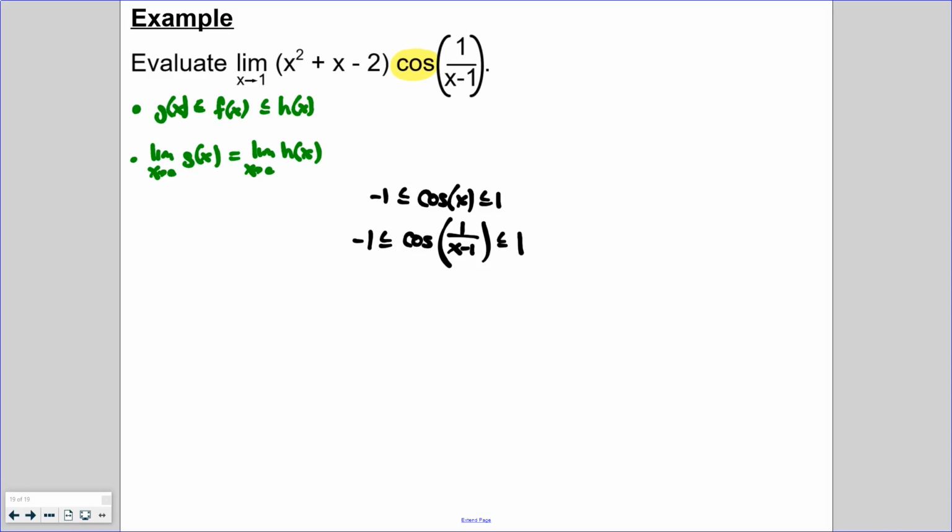All right, so we've built the piece a little bit more. We now have this particular piece built, which means we're only missing the quadratic expression. And let's see, our cosine function is multiplied by that. So we can multiply everything by that quadratic expression, x squared plus x minus 2. And what we do to one piece, we need to do to them all.